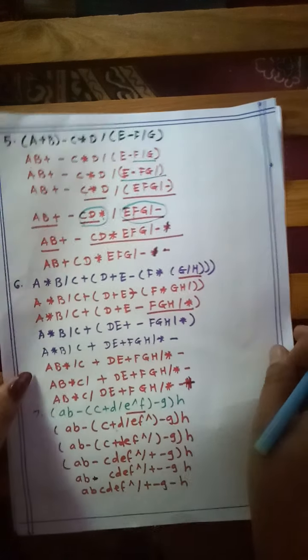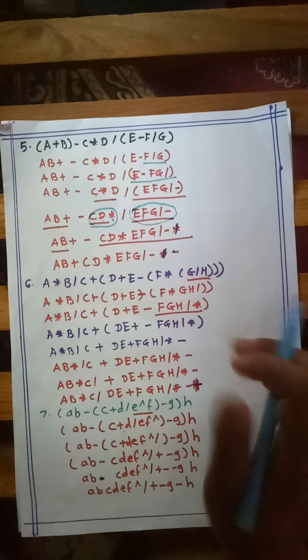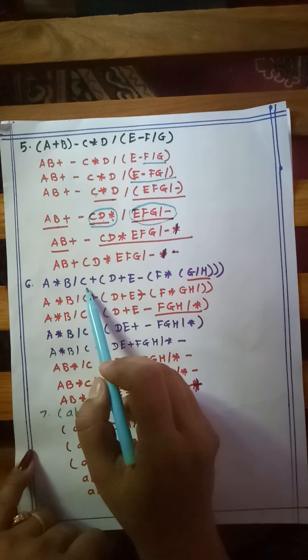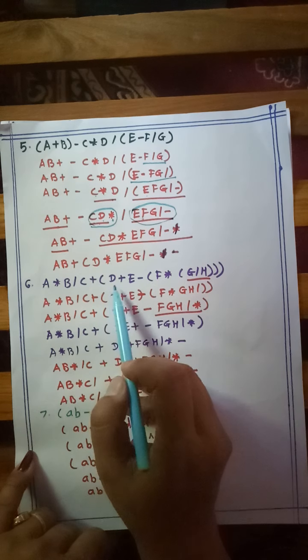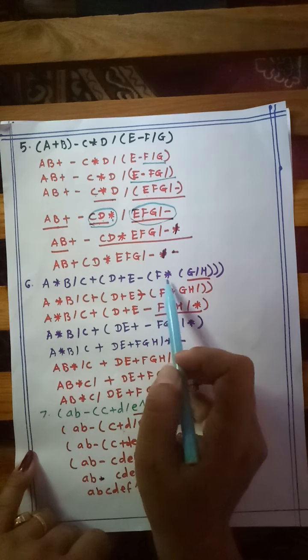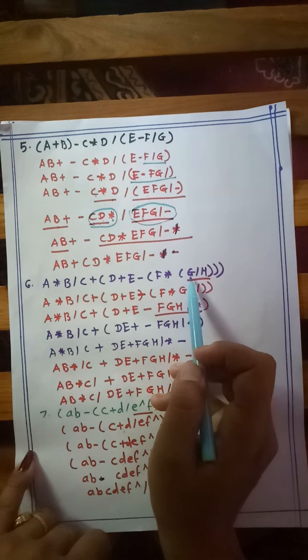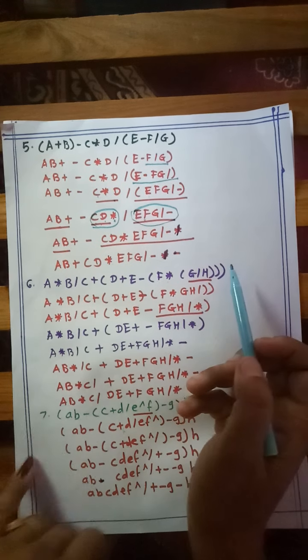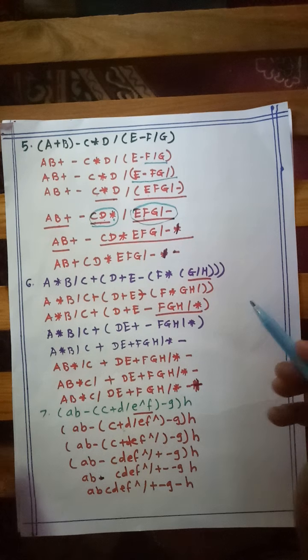Now next one is the sixth example. Here A star B C plus D plus E minus F star, in the bracket G slash H, and three brackets are closed. So this is also the same as the above we have solved.